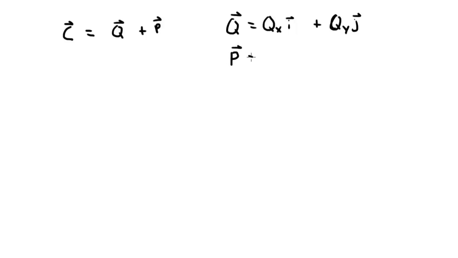Doing similar with P, I can write that that's the magnitude of the x component of P times i plus the magnitude of the y component of P times j.